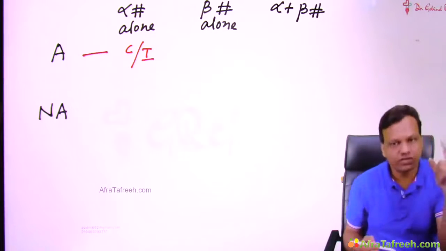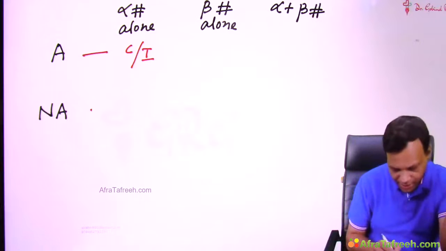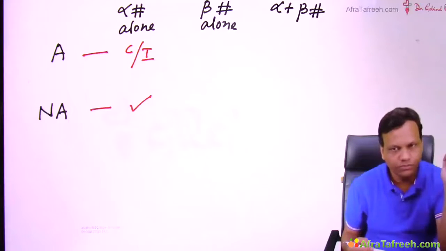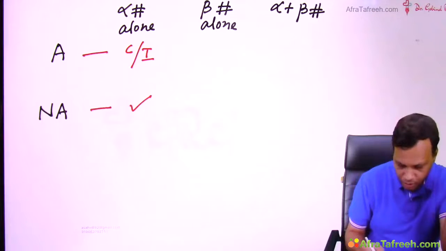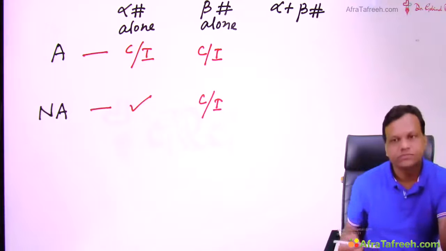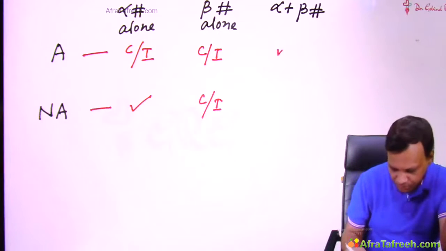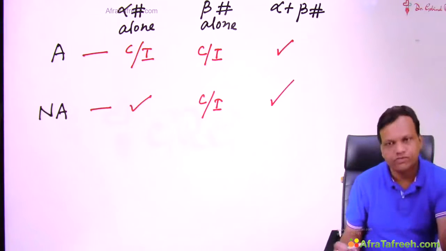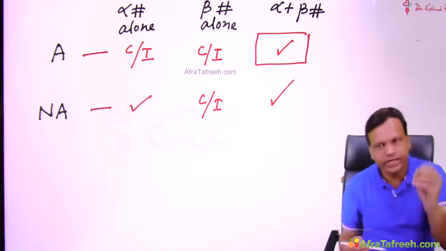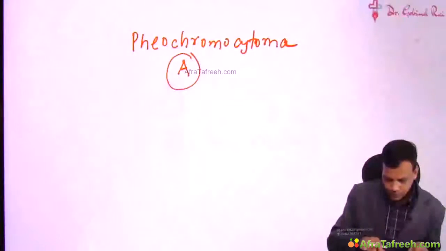Otherwise, vasomotor reversal of Dale can occur. On the other hand, an alpha blocker alone can be used in a noradrenaline-producing tumor, no problem. But beta blockers alone are contraindicated in both types of tumors. Whereas alpha plus beta blocker can be given in both of them. And in fact, for an adrenaline-producing tumor, the only treatment is the combination.